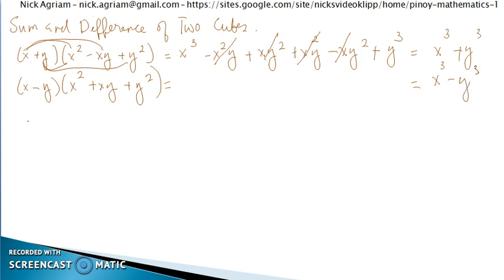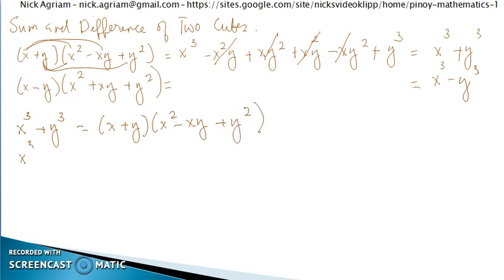What I am trying to say is that the sum of two cubes is the product of x plus y multiplied by x squared minus xy plus y squared.